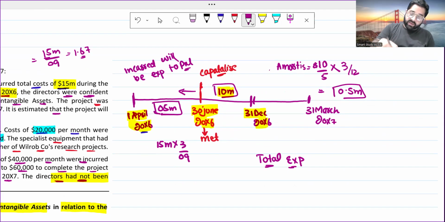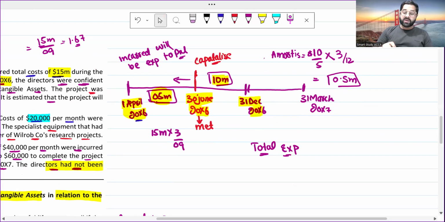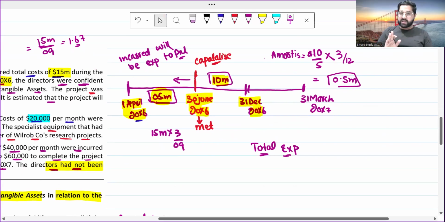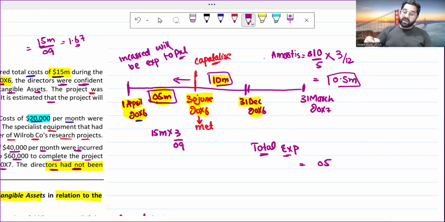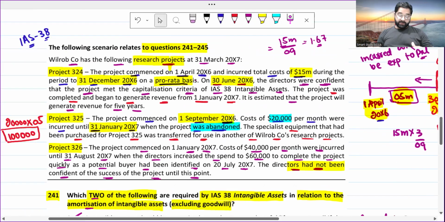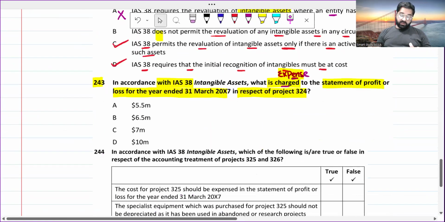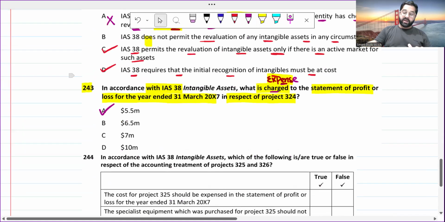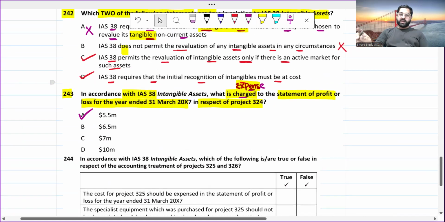One is the research expense, which I already told you will be expensed to profit or loss because no criteria has been met for these 3 months. That expense is 5 million, and the other is the amortization expense, which is 0.5 million. So 5 million plus 0.5 million, the total expense will be 5.5 million. So the correct option is option A, 5.5 million.